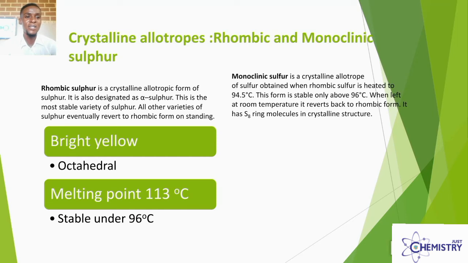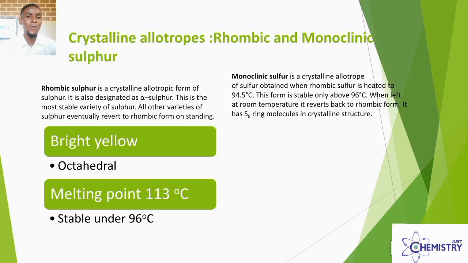As for monoclinic sulfur, it is also a crystalline allotrope of sulfur, but in this case, it's a sulfur that exists at temperature above 76 degrees Celsius. When you take rhombic sulfur and heat it to a temperature above 96 degrees Celsius, you have monoclinic sulfur.